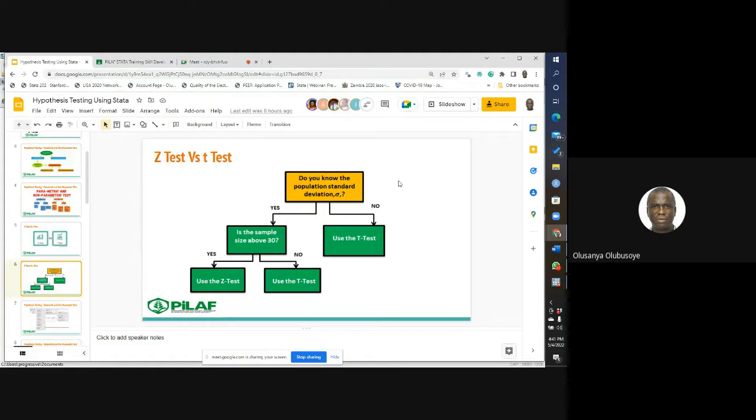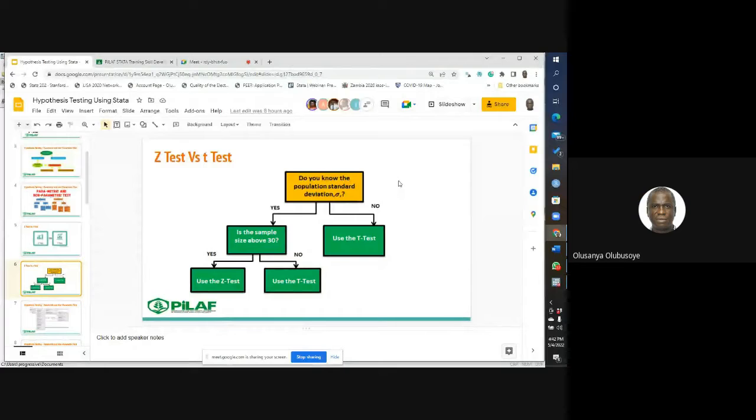So there are other differences about the shape, but that's not my concern. I don't want to start telling you about the shape of the T, but it's about when do we use one, when do we use the other. And it doesn't matter which one you use if the sample size is large.